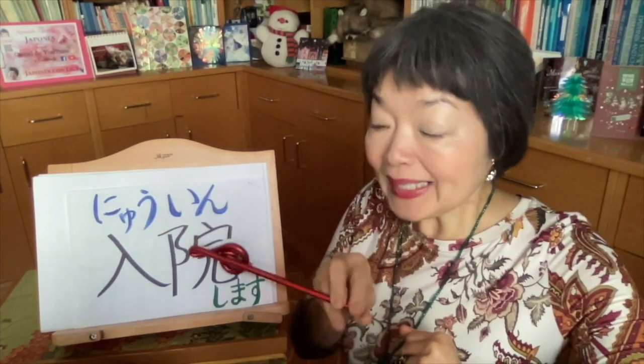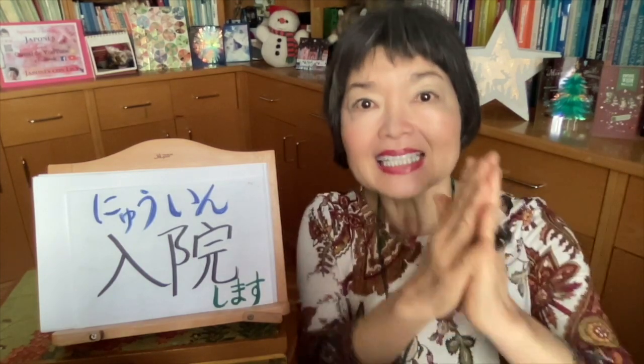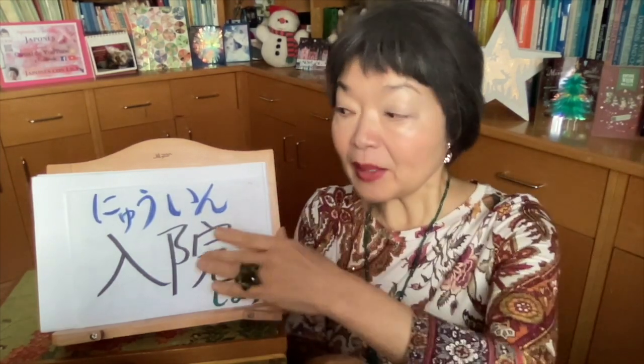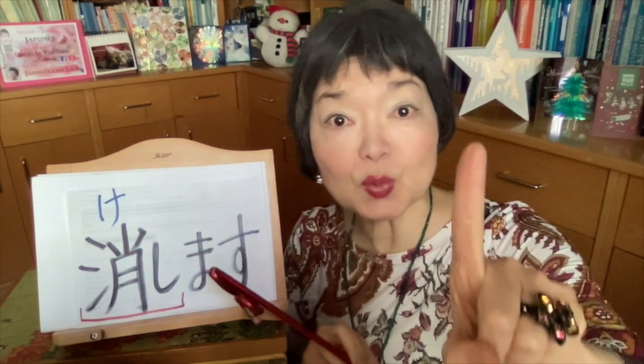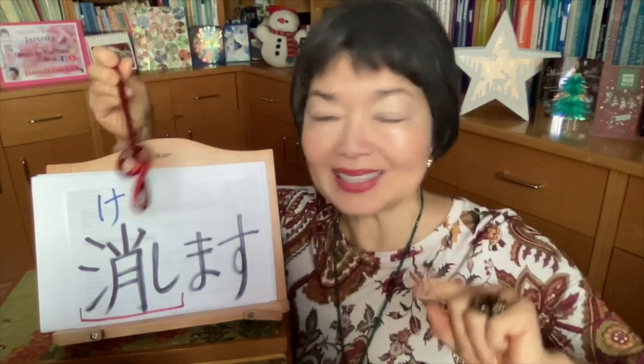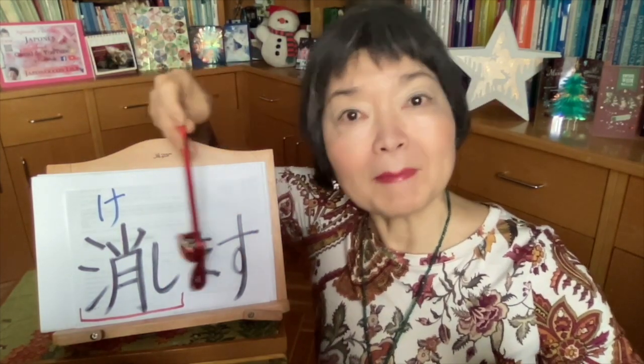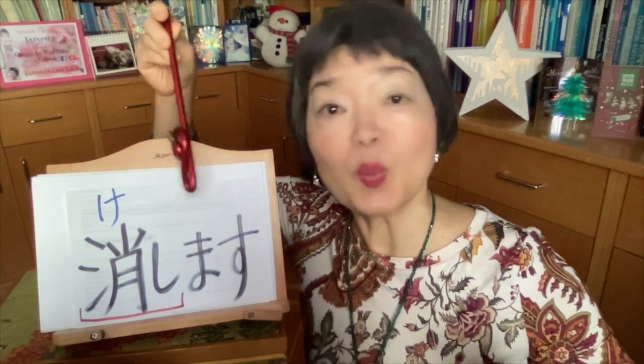So 入院します is all together. But in the first group, 消し is the root, and you cannot separate け and します. This is not right. 消し is the root plus ます. This is group 1.